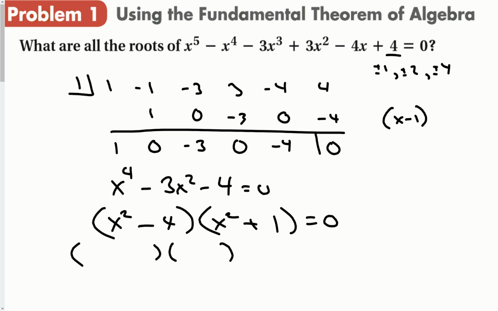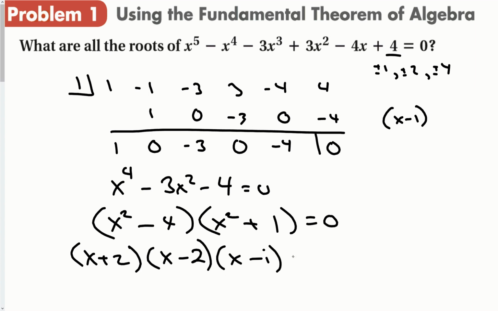This factors a little bit more: x plus 2, x minus 2, because it is the difference of two perfect squares. And the sum of two perfect squares doesn't factor into real terms, but it does factor into imaginary terms. So that's 1, 2, 3, 4 answers. I should have 5, but don't forget about this one.